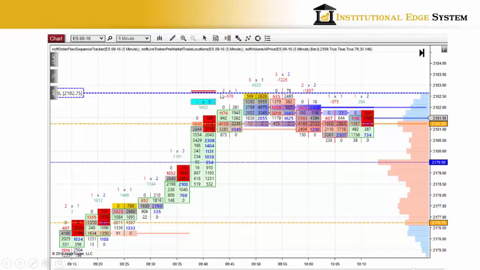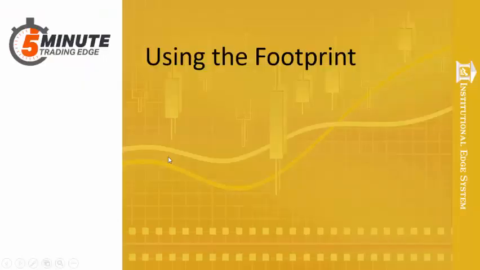As I'm watching this with this information alone, and I'm seeing this activity taper out and sellers come back in, and I'm above value area high, is that a clue that we might be facing a reversal? Absolutely. Valuable information.